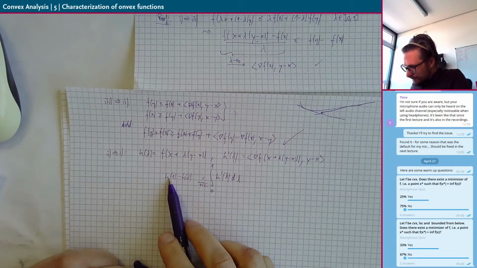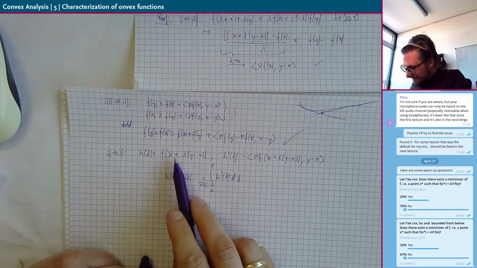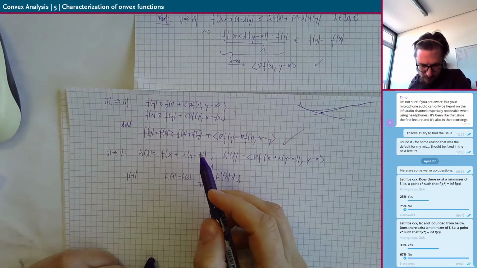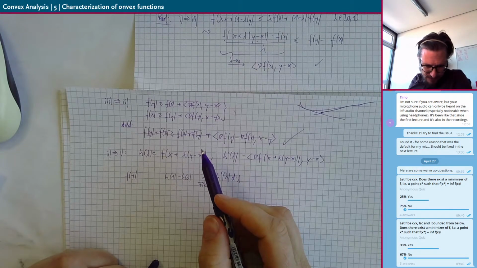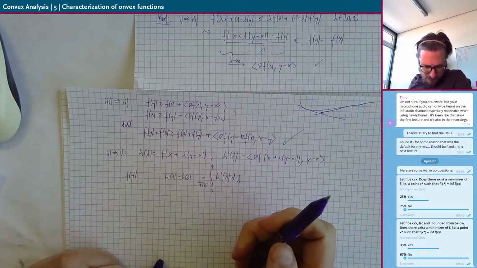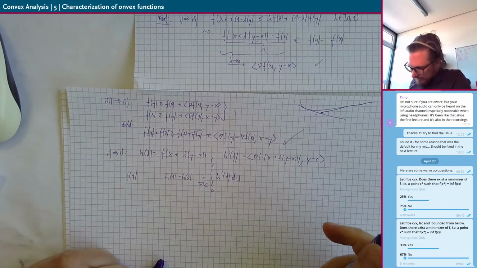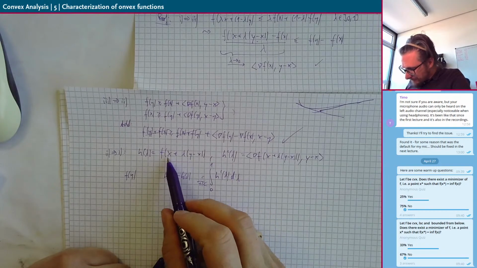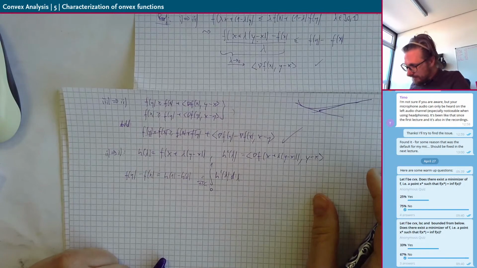And then we have a look, what is h of 1? h of 1 is actually f of y. I see in the handout I did it differently. In the handout, I swapped the roles of x and y, but anyway, this should work like this too. And h of 0 is f of x. Okay, that's one thing.